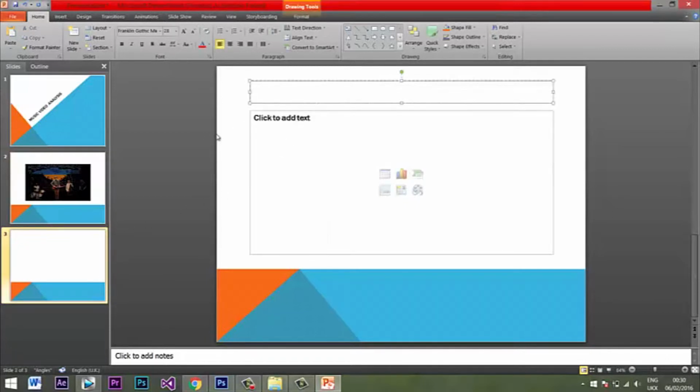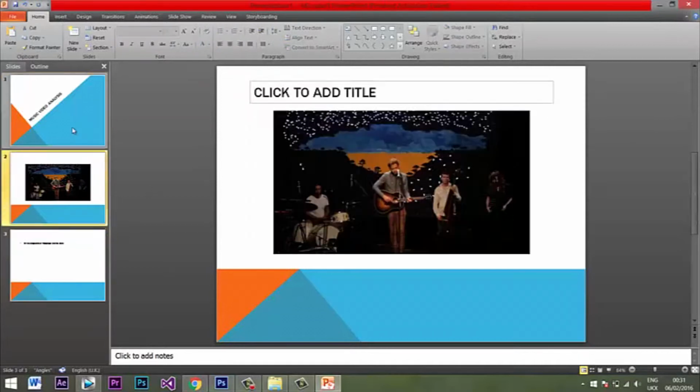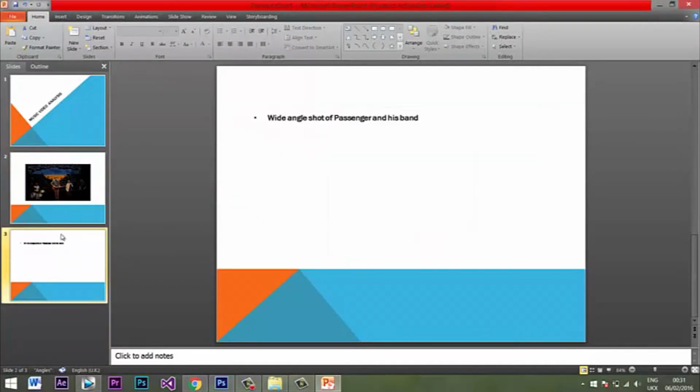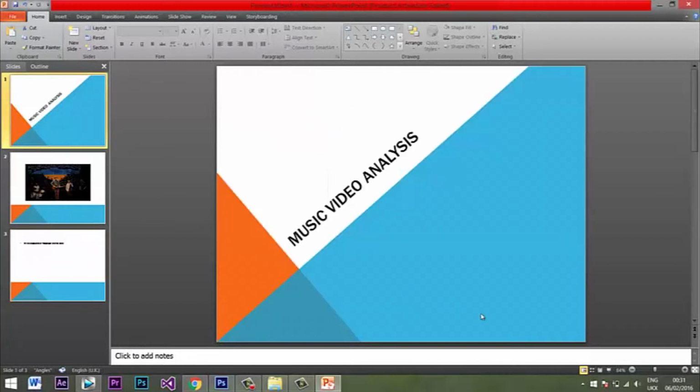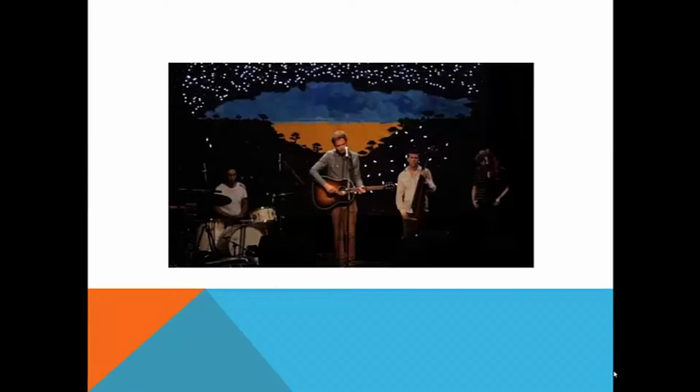And I've also added texts, obviously, to show what the image is and to explain the image. And once you've done everything, you simply click on the icon as seen in the video, and it allows you to see what your presentation looks like.